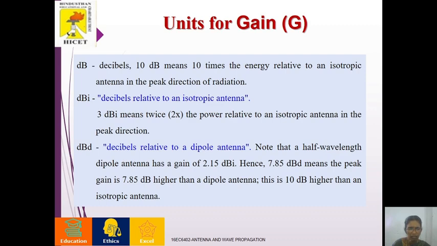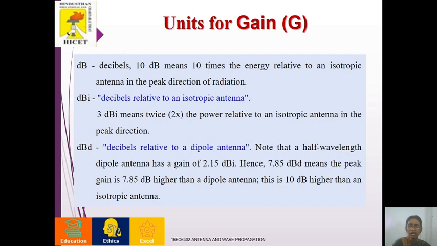Next is dBi, decibels relative to an isotropic antenna. If you say 3 dBi, then it is twice the power relative to an isotropic antenna in the peak direction. Third is dBd, decibels relative to a dipole antenna.